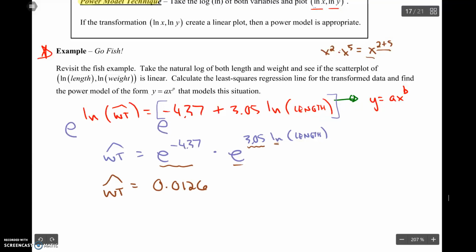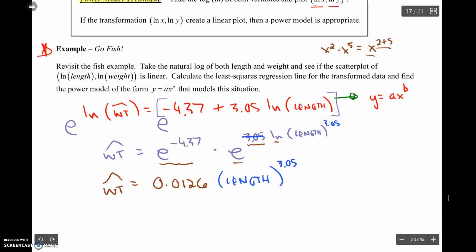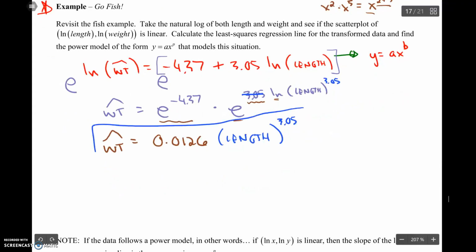If you remember your rules from logs, that coefficient can be put in here as an exponent, and now this e will undo this natural log. Inverse operations. So this undoes this, and you just get length to the 3.05 power.